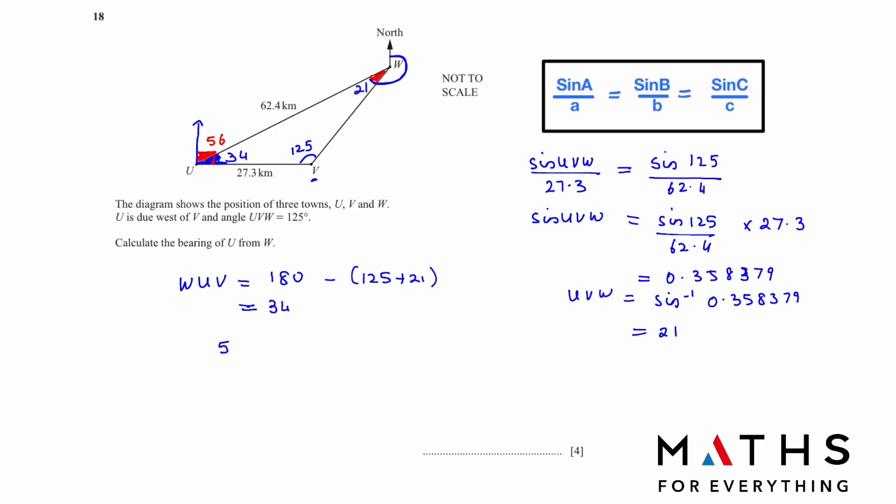What we do is we just add 180 to it. 56 plus 180. And that will give us 236 as the answer. Suppose you had the outside one and you wanted to find the inside bearing. What will you have done? You will have subtracted 180 to get the answer. I hope it's clear.